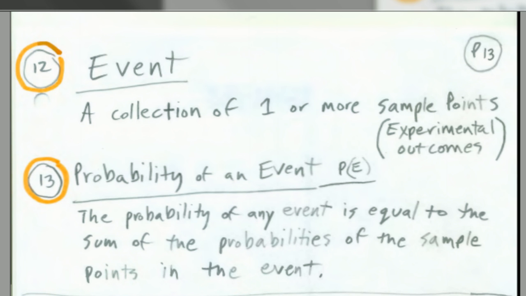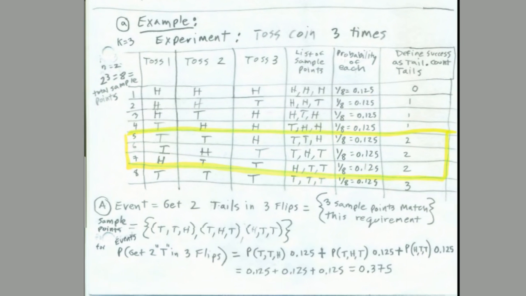Let's scroll down here and look at another example. And we'll actually do this a bunch. Here's our experiment: tossing a coin 3 times. 1, 2, 3. List all the sample points. And look at this, since it's classical, each sample point is simply 1/8 or 0.125. But if we're talking about events, the event of 2 tails in 3 flips, well, guess what? There's 3 sample points.